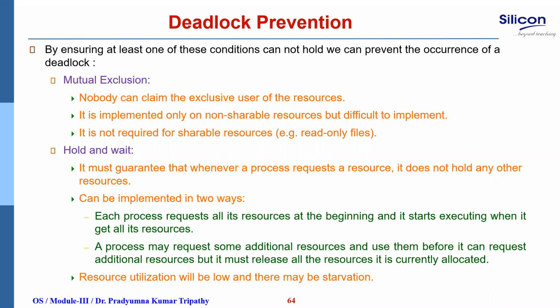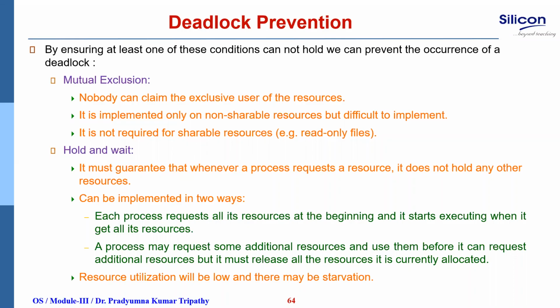So it can be implemented in two different ways. Each process requests all its resources at the beginning, and it starts executing when it gets all its resources. So that means a process can start its execution when all its resources are available. If not available, it will not start. It will not start with some minimum number of resources.